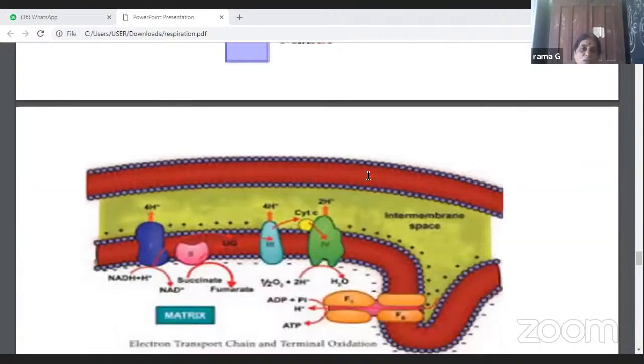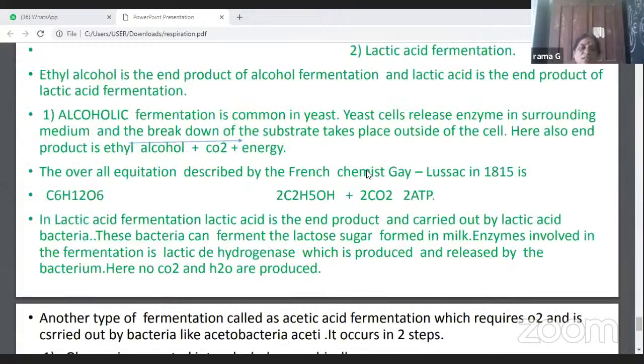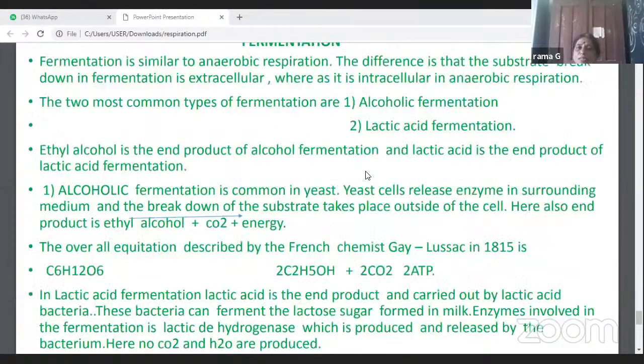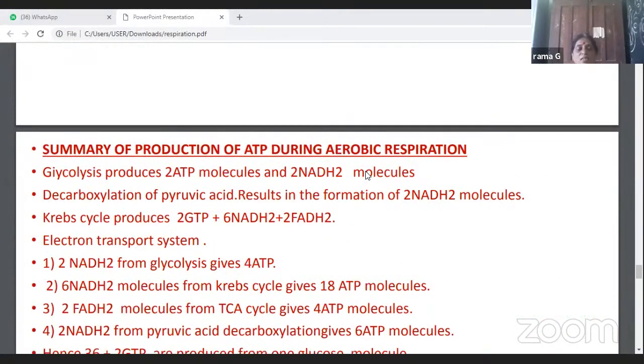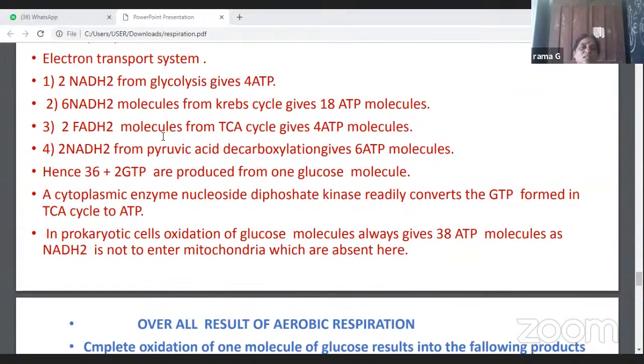And so here today, what we have learned is the summary of production of ATP molecules during aerobic respiration. The total number of ATP molecules is 38, and how and where they are produced is discussed under this.